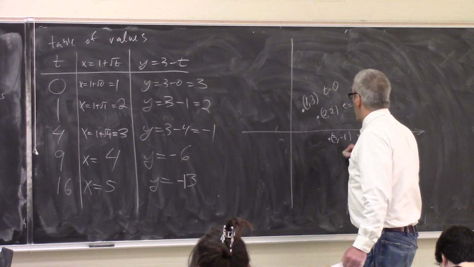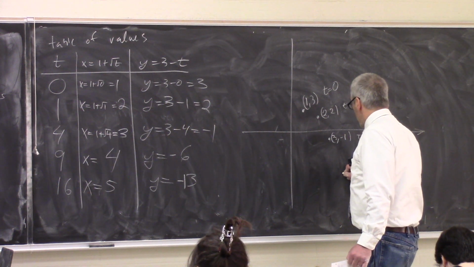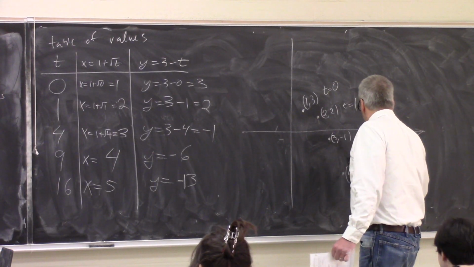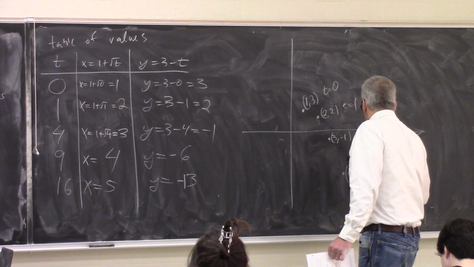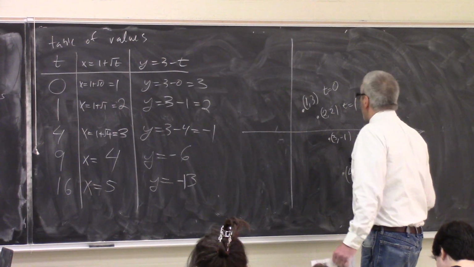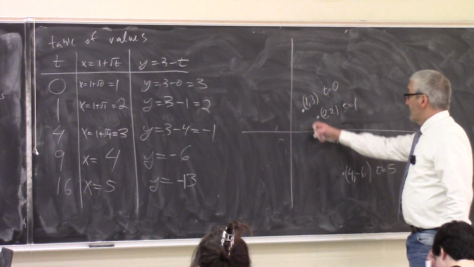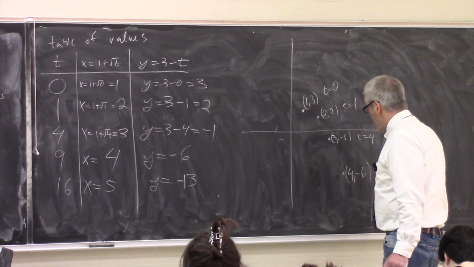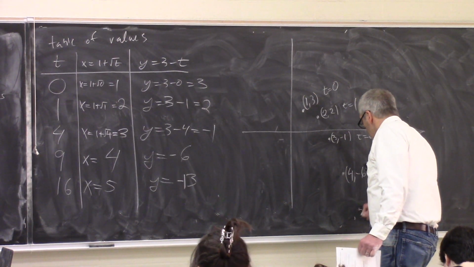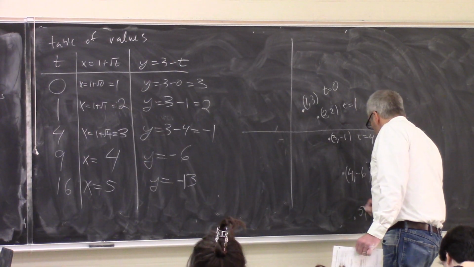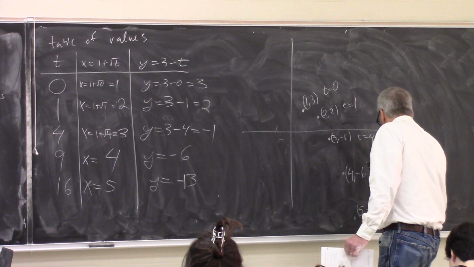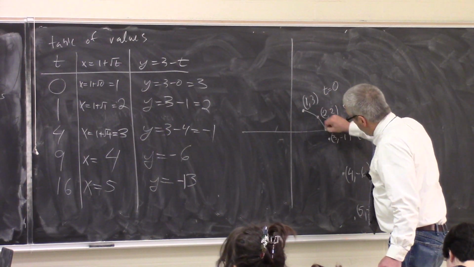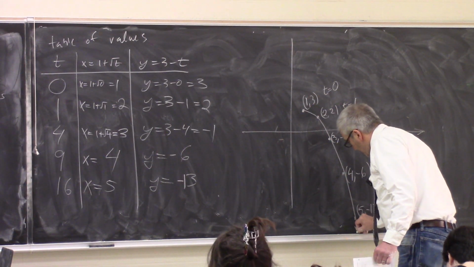And (4, -6). So notice if this were a particle starting from rest, it's speeding up as it goes. And then (5, -13). This would be t equals 16. And there we go. There's our graph.